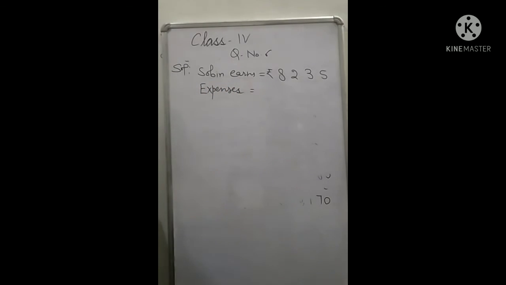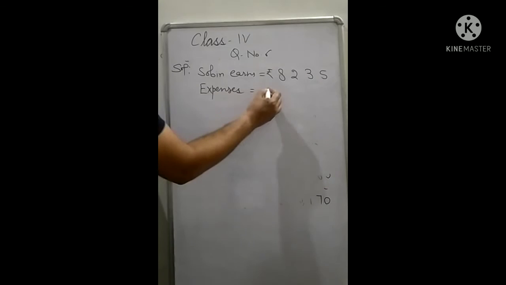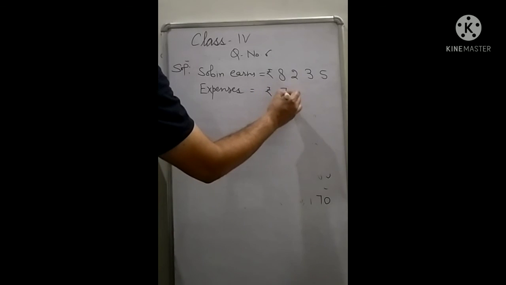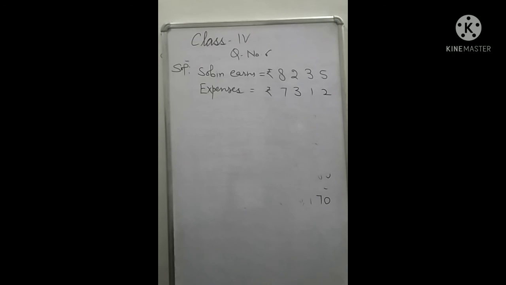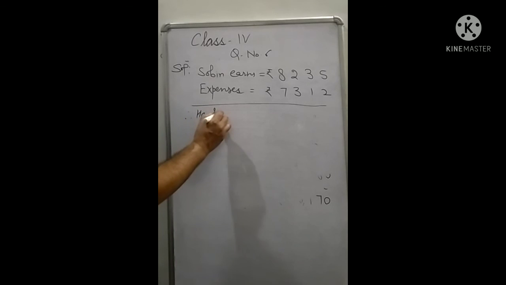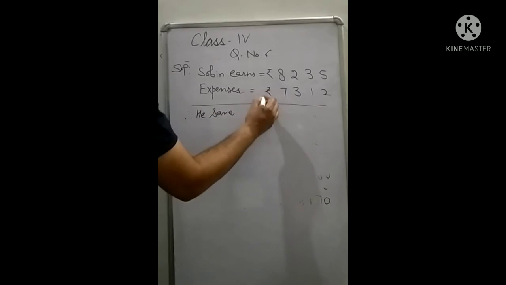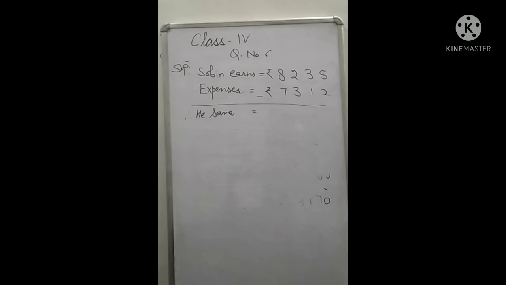Expenses are how many? They are rupees 7,312. So we have to find how much money he saved in a month. So for saving we again have to find their difference.